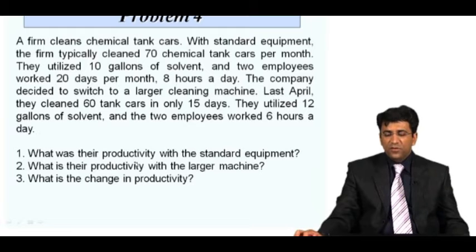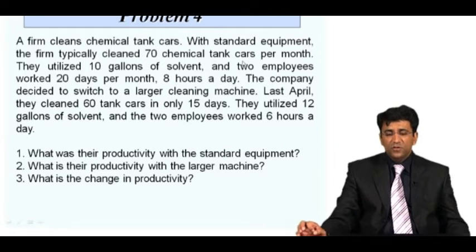What was their productivity with standard equipment? Now again students, you'll have to extract the relevant information so that we can calculate the productivity before and after the introduction of these new cleaning machines. Now students, before introducing this larger cleaning machine, the output was 70 chemical tank cars.